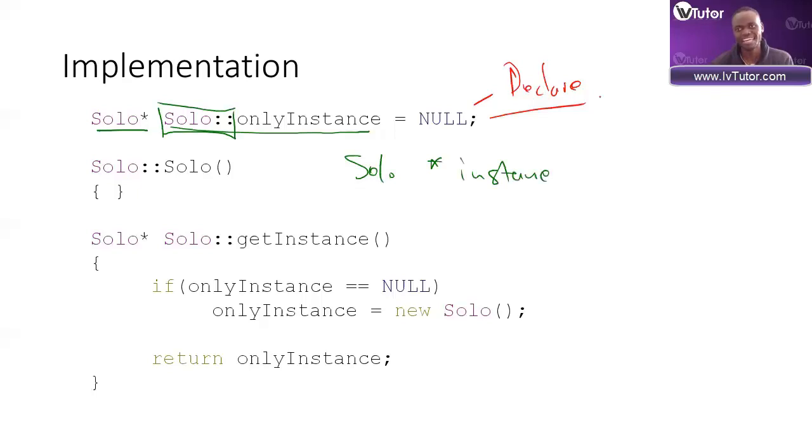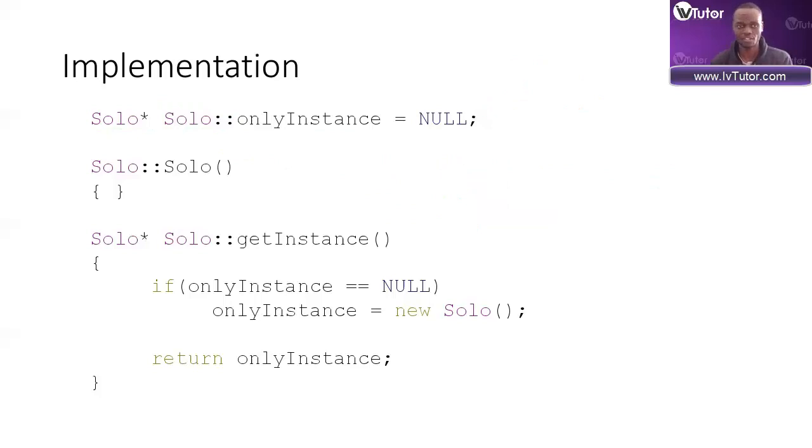And here we are declaring and initializing it to null. But remember, we have to put the class prefix there. So this is very critical to remember, that it's not any fancy syntax. It's a normal declaration, only that you are prefixing it with the class, which is the convention for everything that you do in your implementation file.